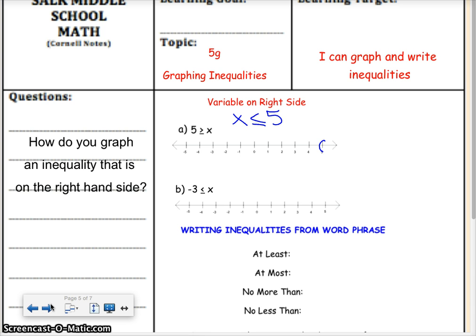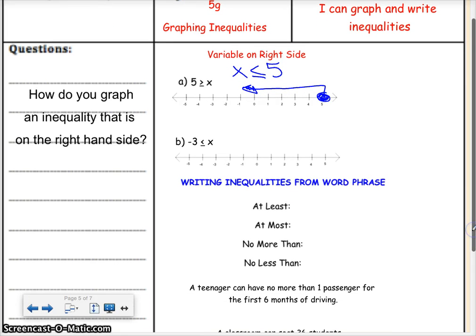So I make my circle at 5. I color it in, because there's that line under it. Circle at 5, color it in, go to the left. Those are very tricky when it's on the right-hand side. You have to pause and make sure you're processing through okay. -3 is less than or equal to x.